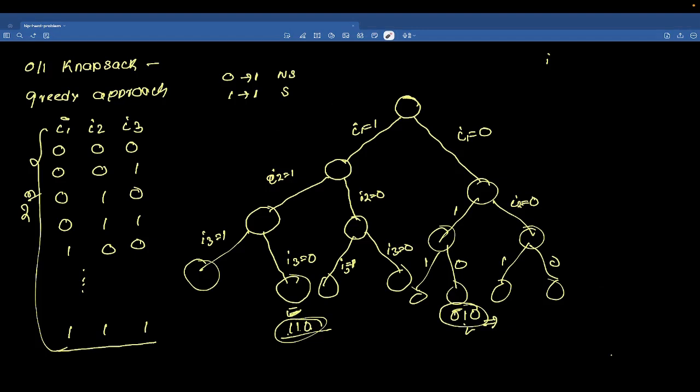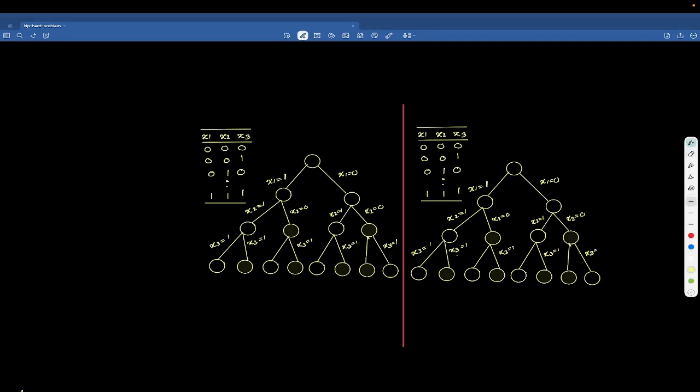Now let's compare these two, the satisfiability problem and the 0/1 knapsack problem. Let us first place the satisfiability problem solution on this side and the 0/1 knapsack problem on this side.